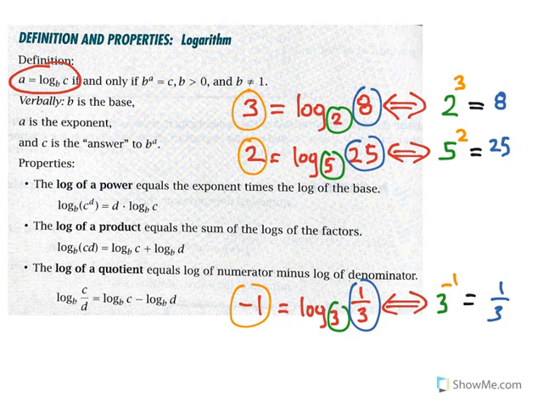So in general, if you have log base b of c is equal to a, that means when you take the base b and you raise it to the a power, you will get c.